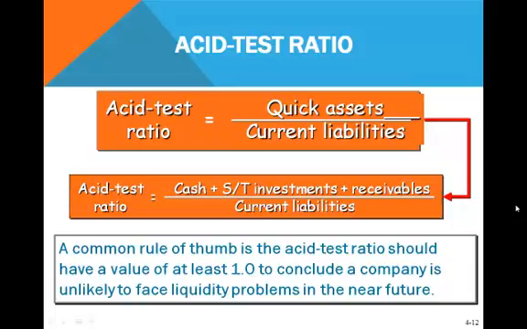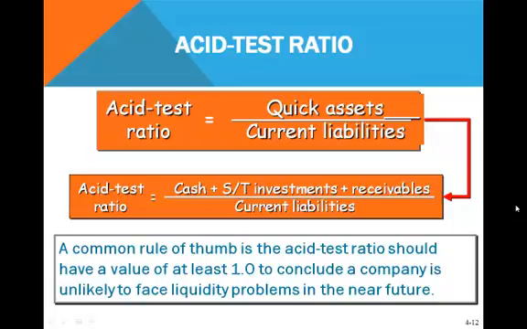Not just its current assets, but its really, really liquid ones. The ratio is calculated as quick assets divided by current liabilities. You may remember the current ratio was current assets divided by current liabilities. Well, what we're doing here is we're limiting what's going on the top of the fraction. Quick assets include cash, short-term investments, and receivables.